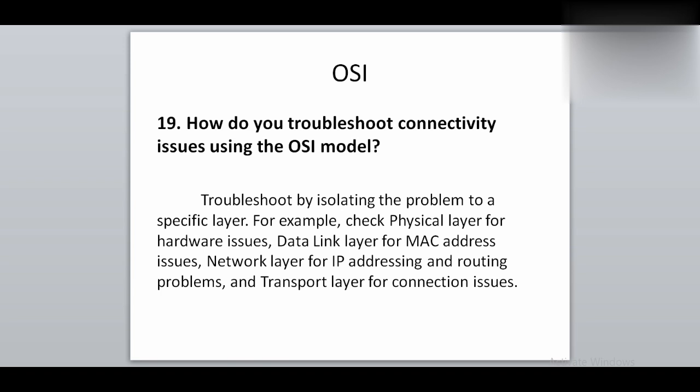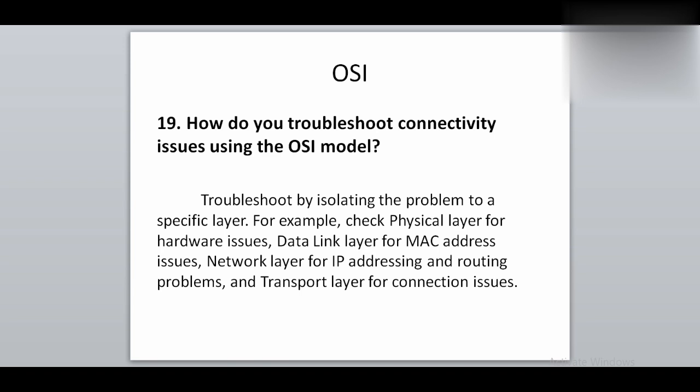Question 19. How do you troubleshoot a connectivity issue using the OSI model? Every layer has different functions. In the physical layer, we can check hardware issues.